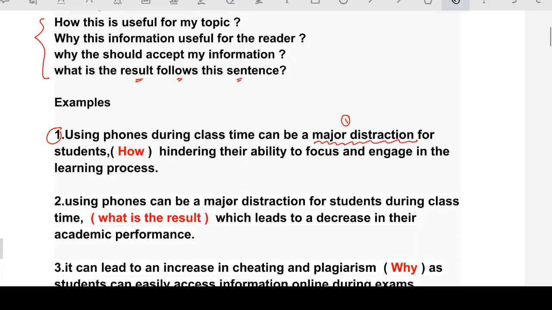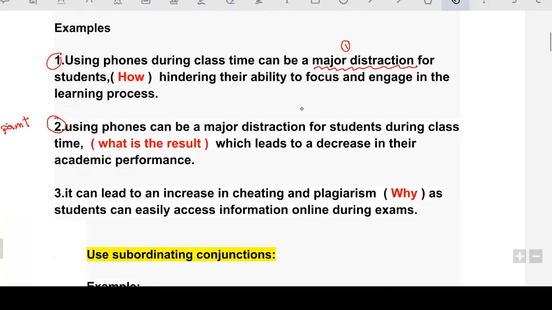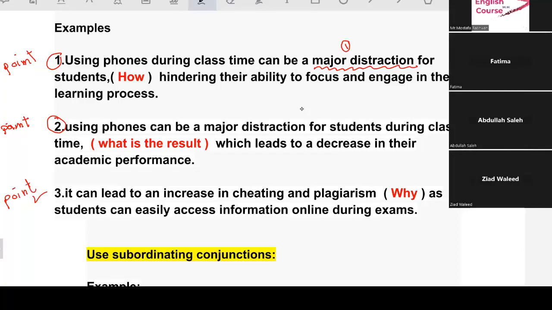Don't jump to point number 2 by saying, the next point is below, and don't say, it can lead to an increase in cheating and plagiarism. This is a point, and this is a different point.